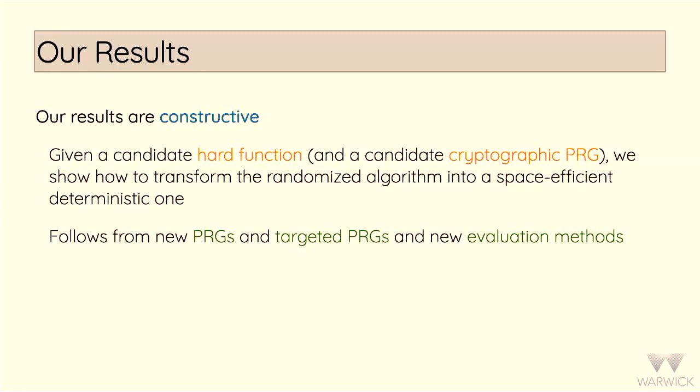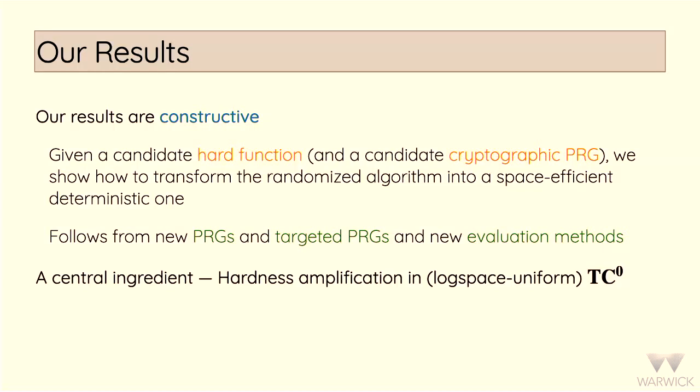And also, we give a new evaluation method, which maybe I'll mention towards the end of my talk. And as a technical component, we also give a new error correcting code, a local list decodable code, which gives us a way to do hardness simplification. And here we do hardness simplification in TC0.